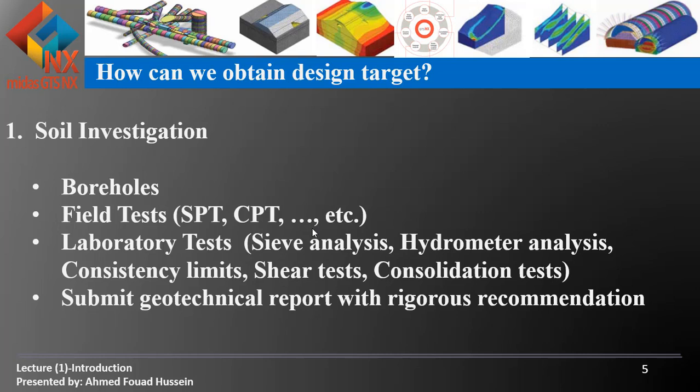In this test, the main goal is to obtain the cohesion of the soil and the angle of internal friction, as we're going to see later. The other test is the consolidation test. In the consolidation test, we get the parameters which control the settlement of the soil, as we're going to see in the lecture related to consolidation.